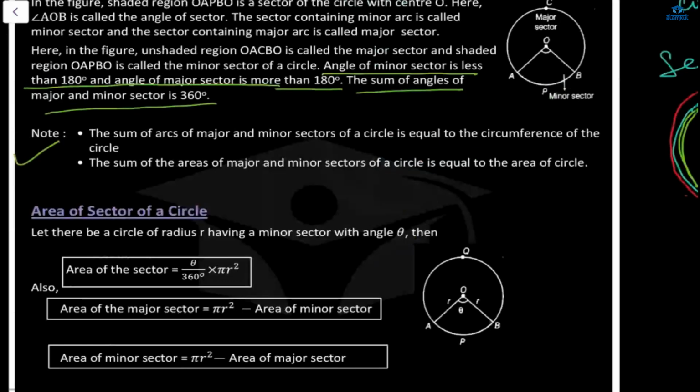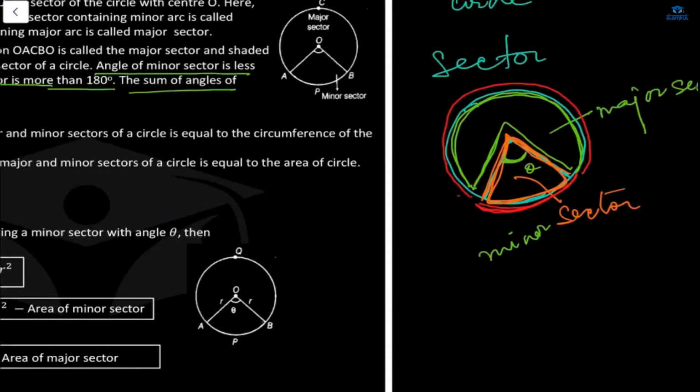The sum of the areas of the major sector and minor sector will give you the area of the complete circle. If the question already gives the area of the minor sector and the radius, you can find the area of the complete circle, because that is the easier one, and then subtract the area of the minor sector to get the area of the major sector.